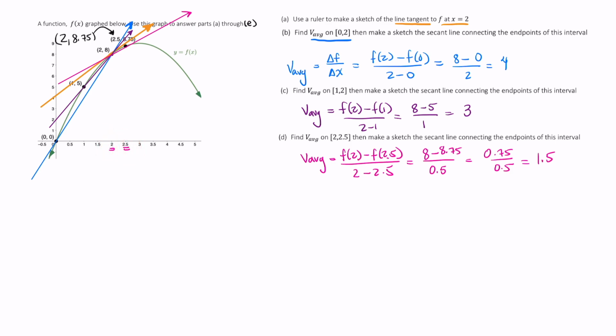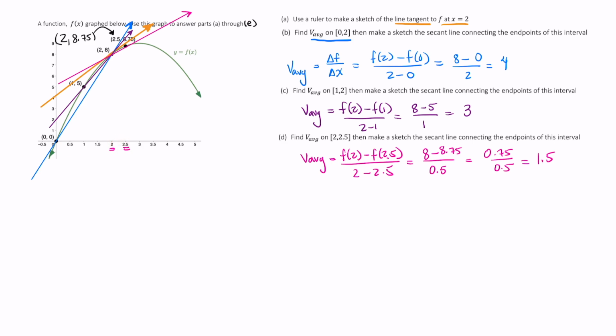Now, before I continue, what are you noticing? Our first interval was this wide, from 0 to 2. Our second interval was from 1 to 2, so this wide, and our current interval from 2 to 2.5. So all these lines, if you notice, they're getting smaller. So our interval along the x-axis is getting smaller.